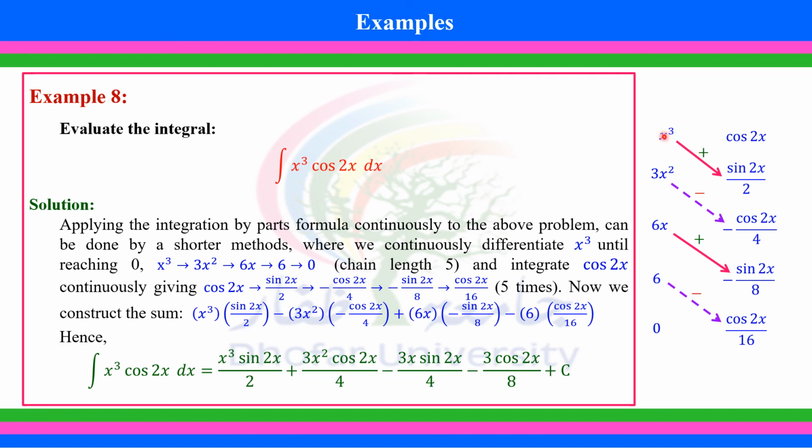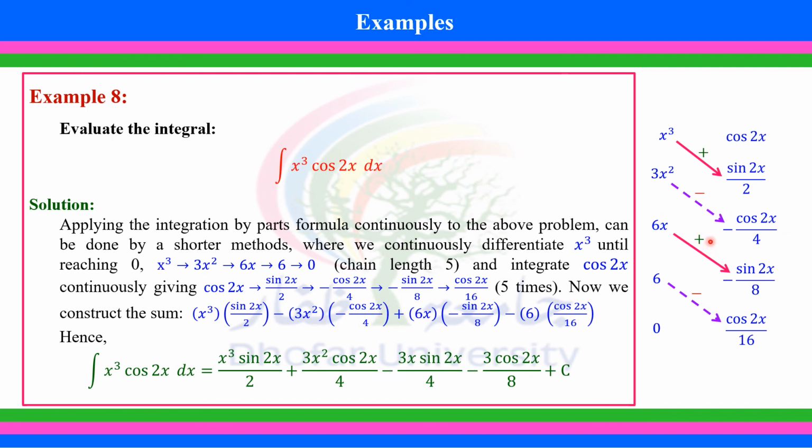So now we construct those products here. We multiply x cubed by sine 2x and we give it a positive sign. Then we subtract from that the product of 3x squared multiplied by negative cosine 2x, which we see here.